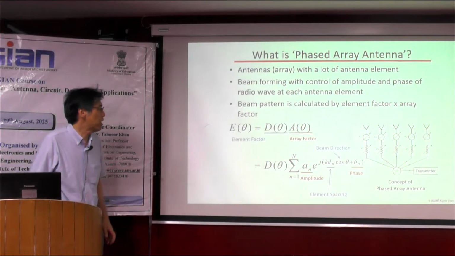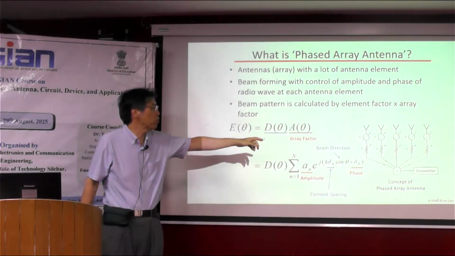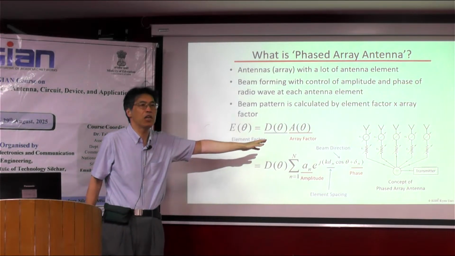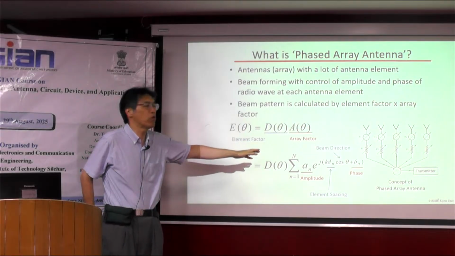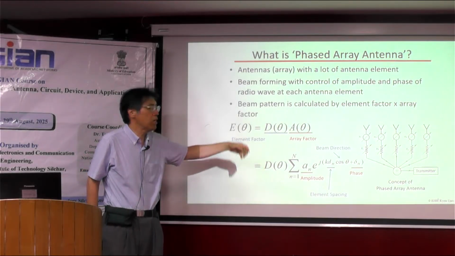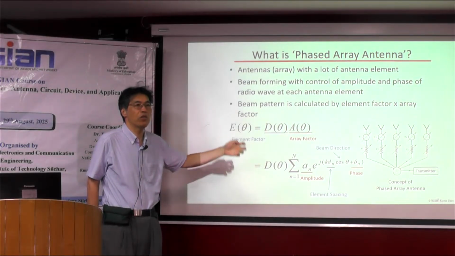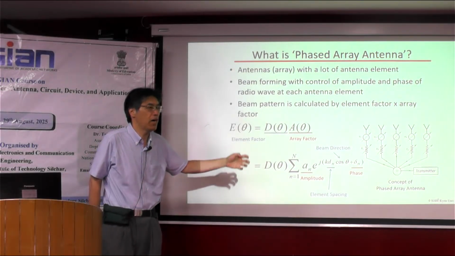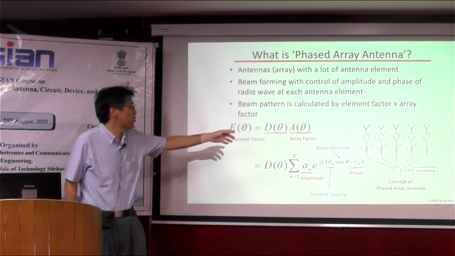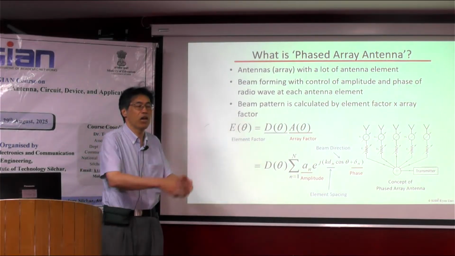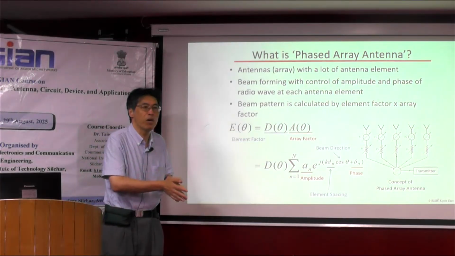A phased array antenna is composed of the same antenna elements and a controlling circuit. Behind the antenna, we put the amplitude controller and the phase controller, named the phase shifter, etc. From each antenna, we can transmit radio waves, of course.